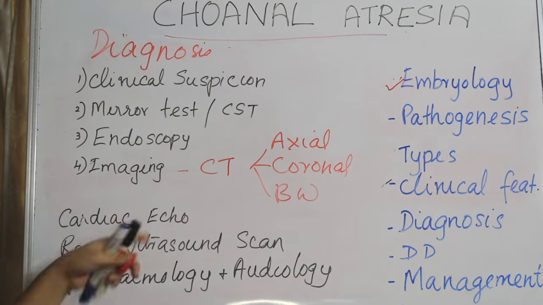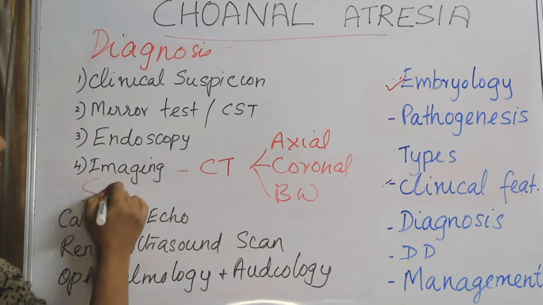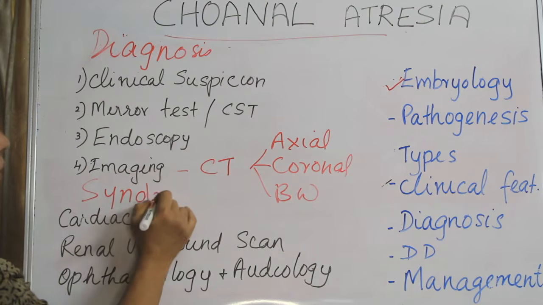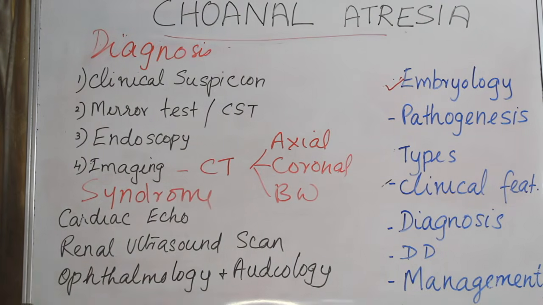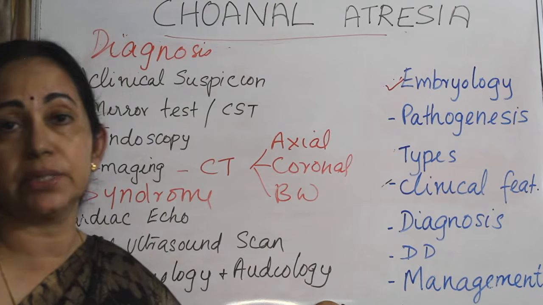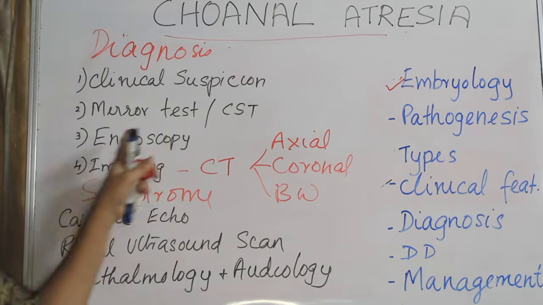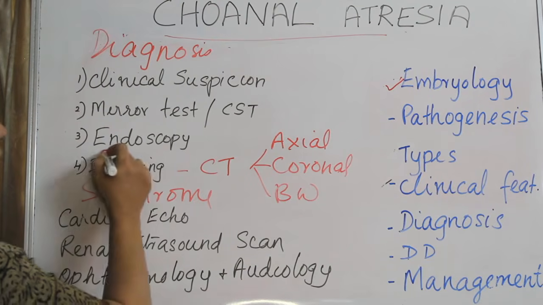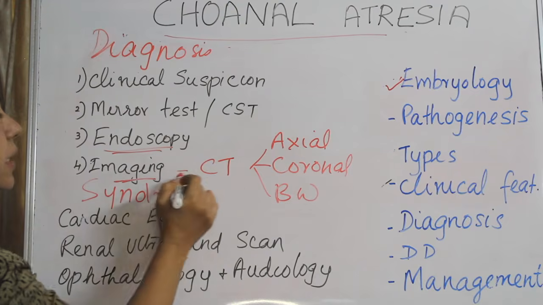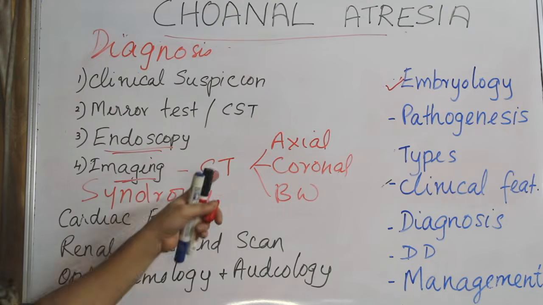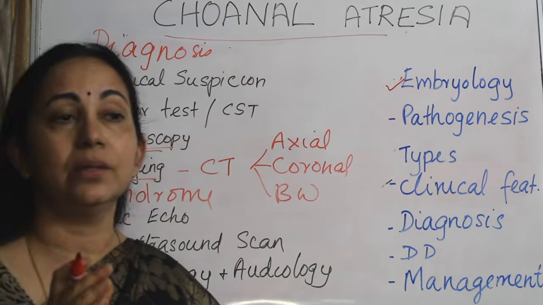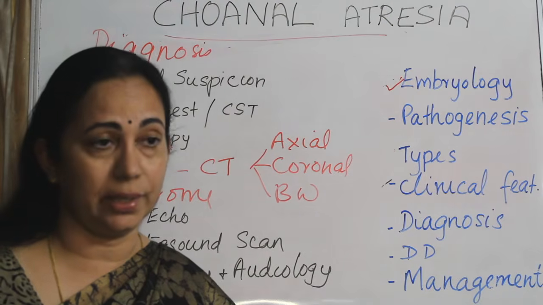And if you suspect any syndromes, do a cardiac echo or renal ultrasound scan or ophthalmology or audiology evaluation depending upon the type of syndrome you are suspecting. So mainly the endoscopy is the gold standard, and also CT scan, mainly the axial, coronal and bone window cuts, are the gold standard in the diagnosis of choanal atresia.